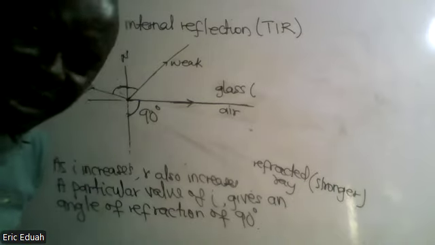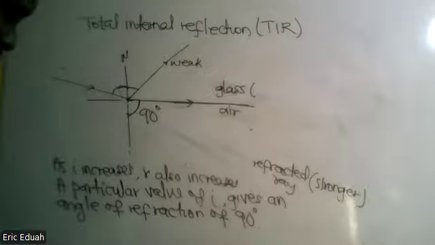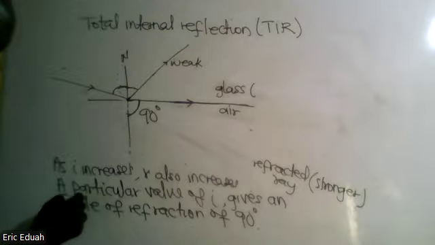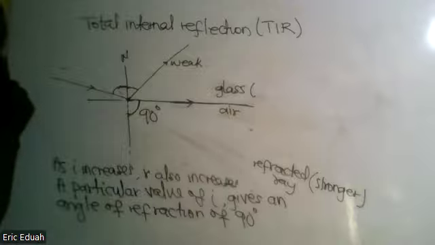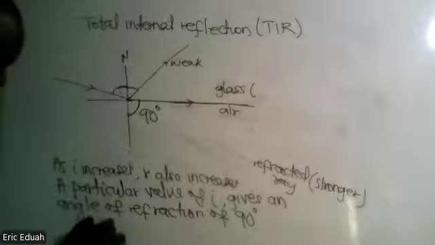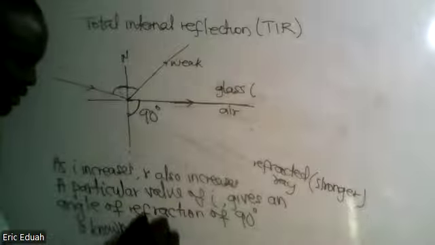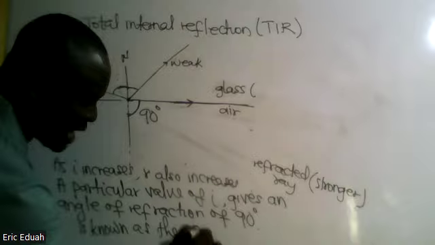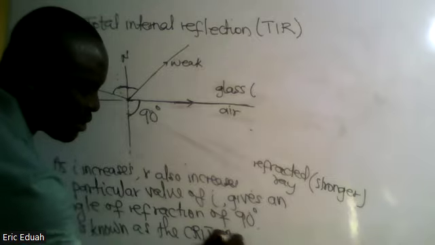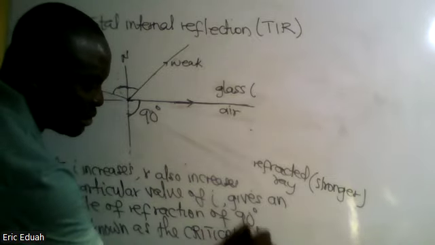This angle of incidence is special, and so is given a particular name. That particular angle of incidence which gives us an angle of refraction of 90 is known as the critical angle.